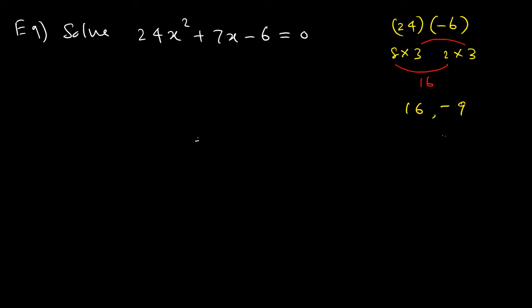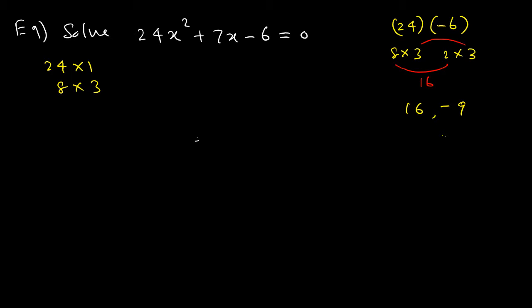For example, 24 times 1, and clearly none of them is divisible by 24, so that is not a possibility. And then we have 8 times 3, and you can see that those two numbers actually divide that, so that may be a possibility.